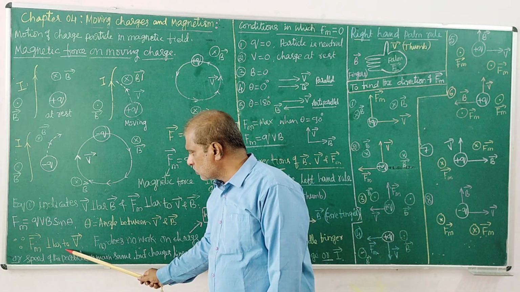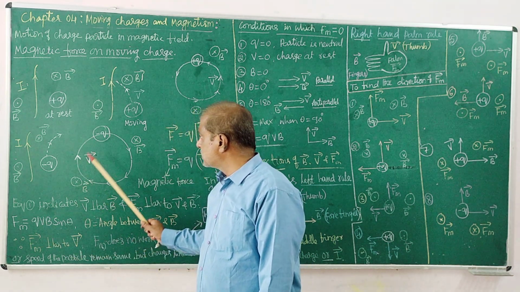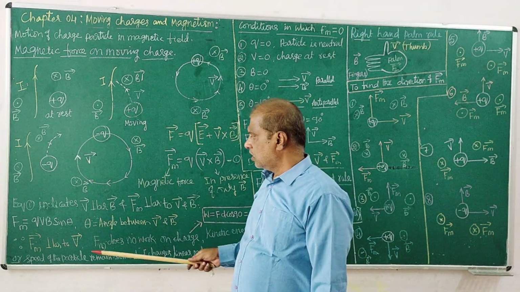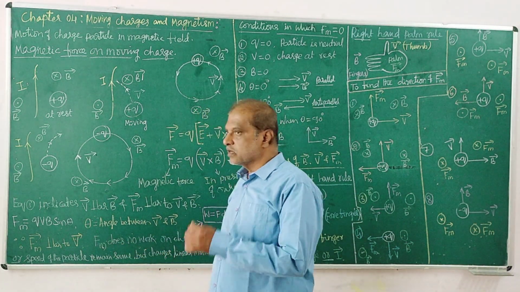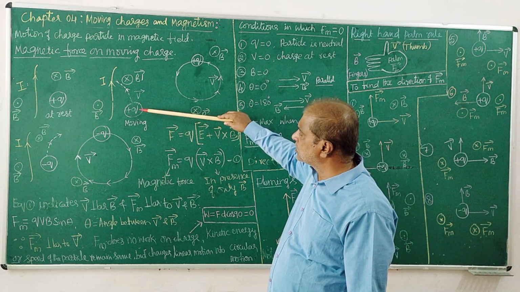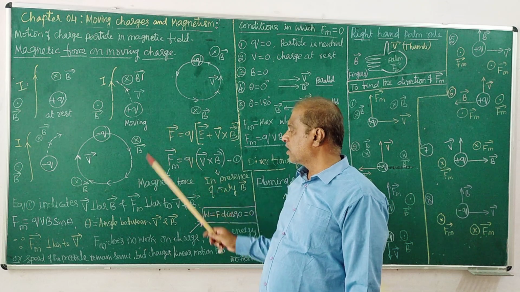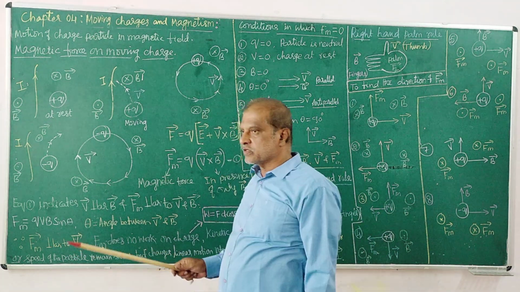If that is so, what happens? Does any force do work on the charge if it is perpendicular? Will the force do work on the charge? No work is done on the charge if they are perpendicular. No work is done.